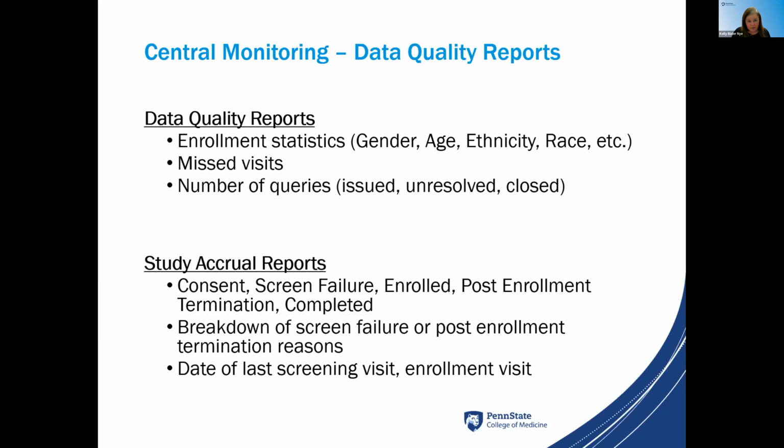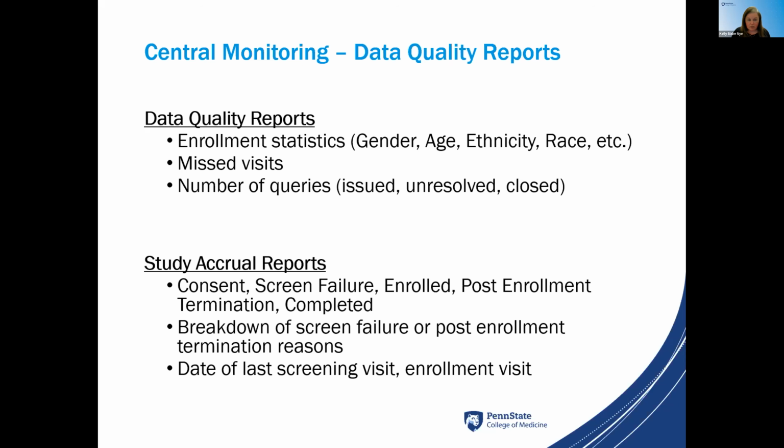Another central monitoring component is the use of data quality reports, looking at enrollment statistics, missed visits, or number of queries issued, unresolved or closed. Those could all trigger actions to be taken. Study accrual reports monitor the number consented, screen failures, enrollment, post-enrollment termination, and completed participants.